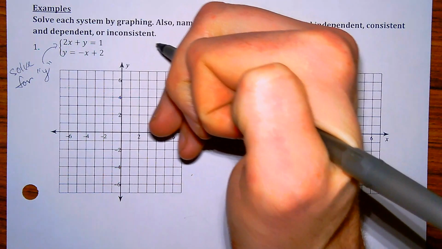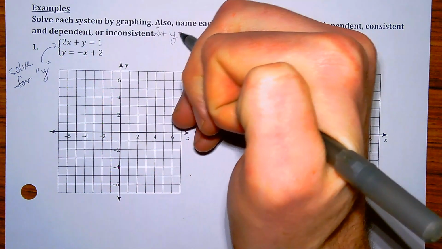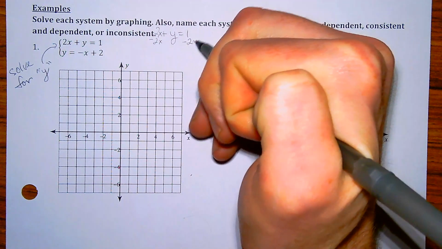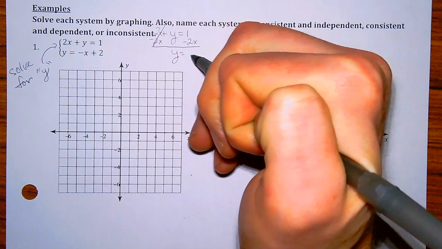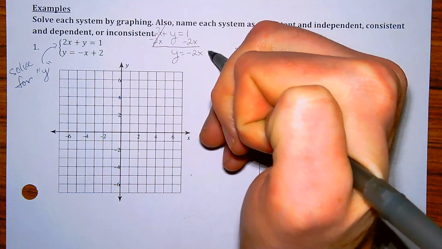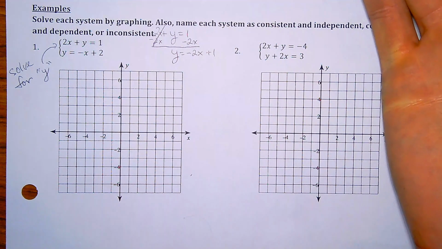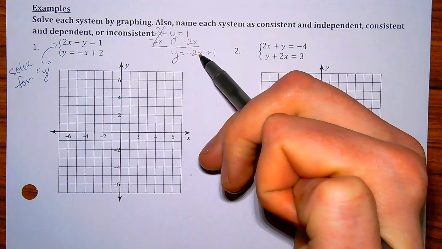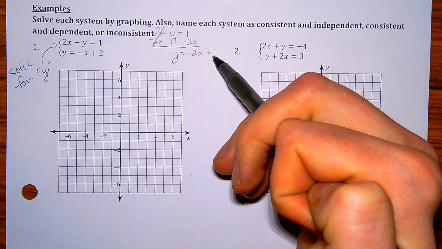Now, the easiest way to do this, take your equation over here, subtract the 2x away from both sides, 2x's go, and you are left with y equals negative 2x plus 1, or you can do 1 minus 2x. But what we really care about is having our number next to our variable, which is our slope, and 1 is our intercept. Okay?